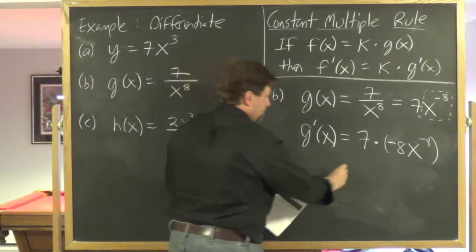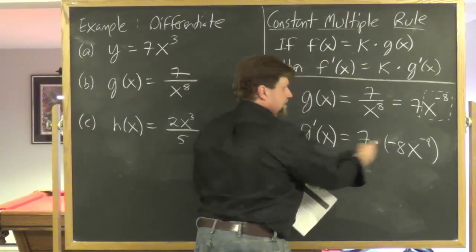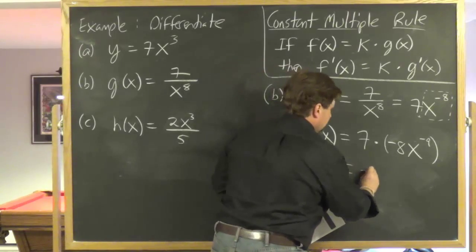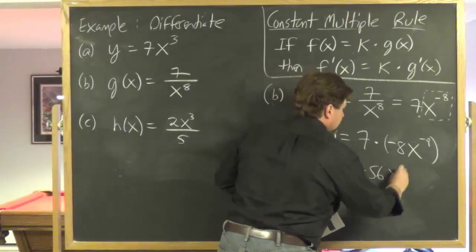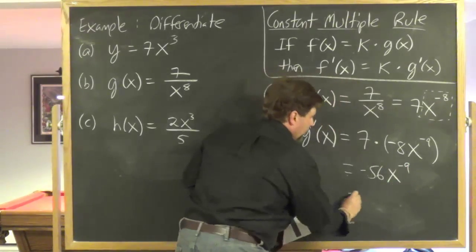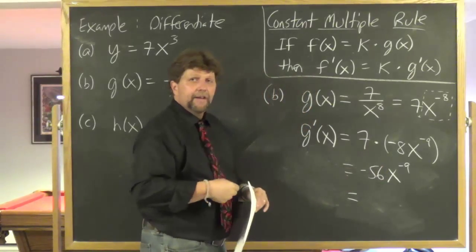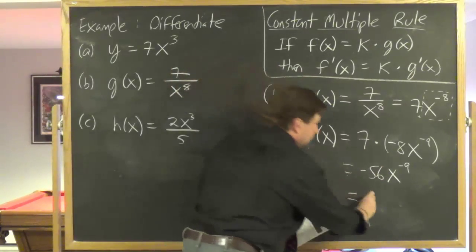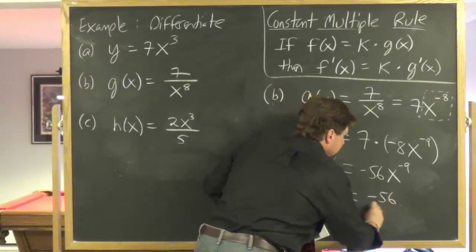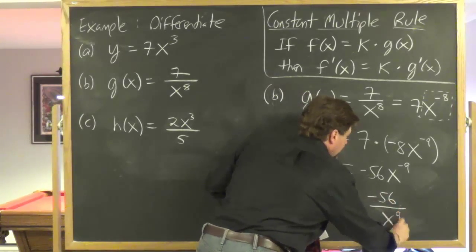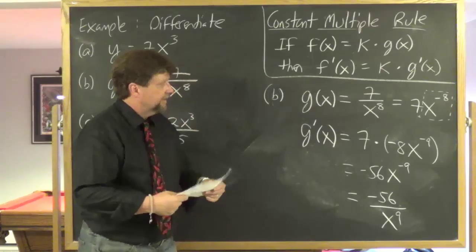Now we clean this up. We know 7 times negative 8 is negative 56, x to the negative ninth. And you know what? We could rewrite that without a negative exponent. Drop it back downstairs and get negative 56 over x to the ninth as the derivative.